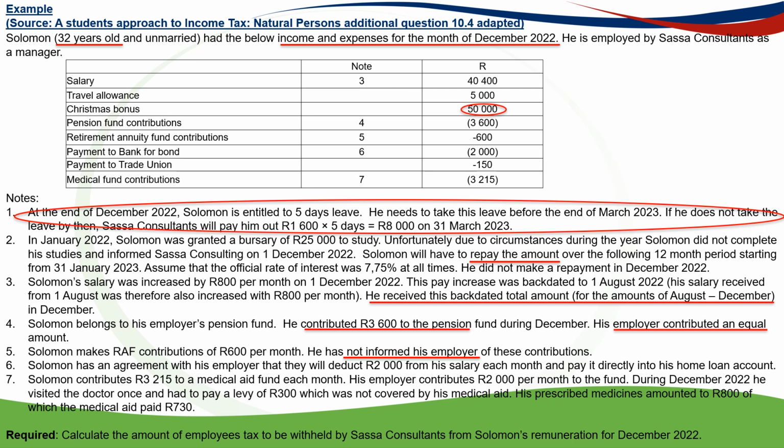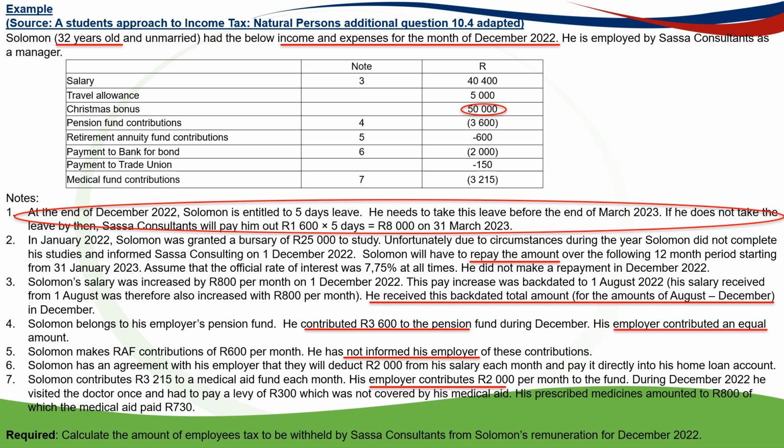But when Solomon calculates his own personal income tax, not the employer calculating the employee's tax, but Solomon is calculating his own tax, then he will be taking that into account as a deduction. That's the difference between employees' tax and the taxpayer calculating their own tax.